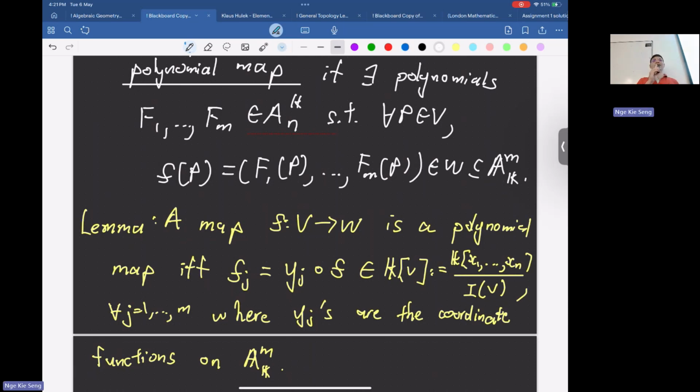Obvious or not? No reaction. Sorry? Quotient, quotient, yes. Okay, good question. Why is it living in this quotient ring here? A valid question.